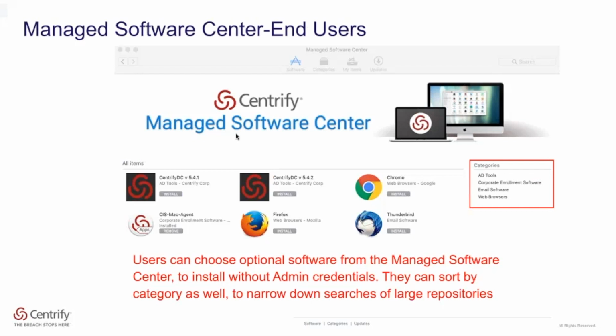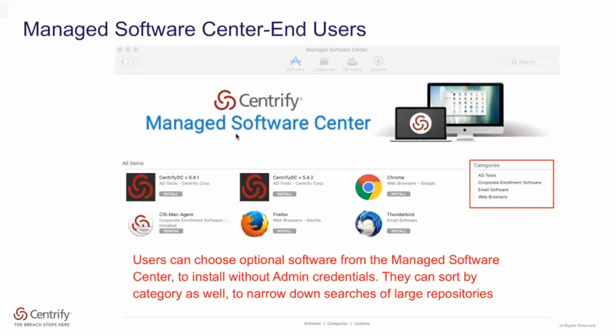Okay, end users. When the Mac is enrolled, the end users will automatically receive the Managed Software Center. And the view they'll see is 4 tabs: Software, Categories, My Items, and Updates.